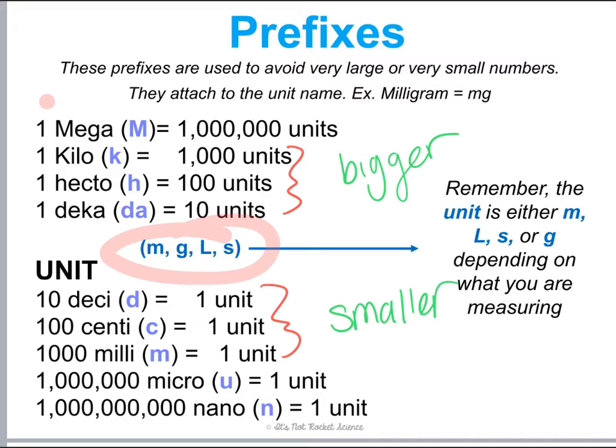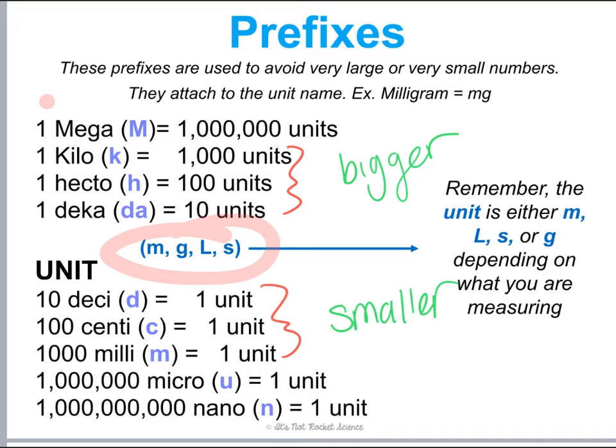So, for example, 10 decigrams is going to be equal to 1 gram. 100 centigrams is 1 gram. 1,000 milligrams is 1 gram. 1,000,000 micrograms, and so on. And 1,000,000,000 nanograms would be 1 gram. So these are all smaller than our baseline, and these are larger.